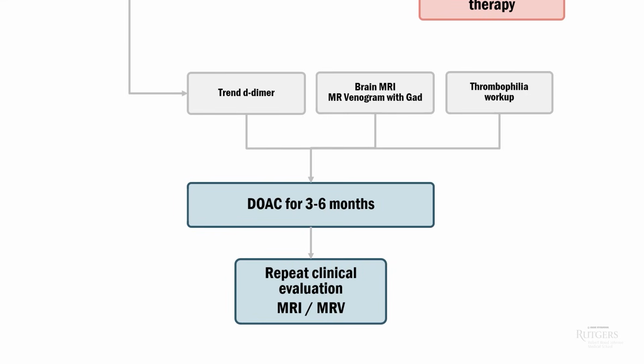Consider trending D-dimer to document efficiency of anticoagulation. I know I start to feel better when D-dimer trends down. Baseline brain MRI and MR Venography with gadolinium should be performed at this point. Thrombophilia workup is also recommended, especially checking for protein C deficiency and antiphospholipid syndrome.